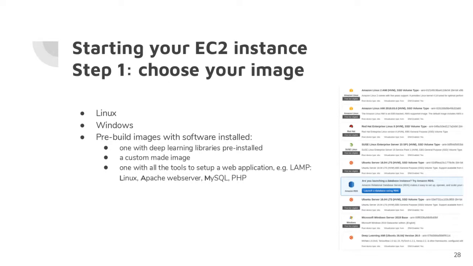You can also have a pre-built image. So for example, if you want to do deep learning, you can have an image which already has all the deep learning libraries such as TensorFlow installed. What's also often installed is LAMP. LAMP stands for Linux, Apache Web Server, MySQL, and PHP.